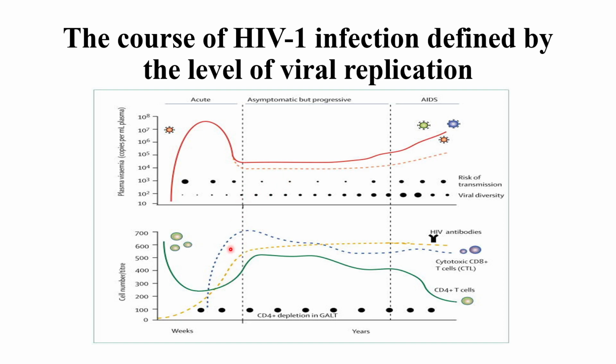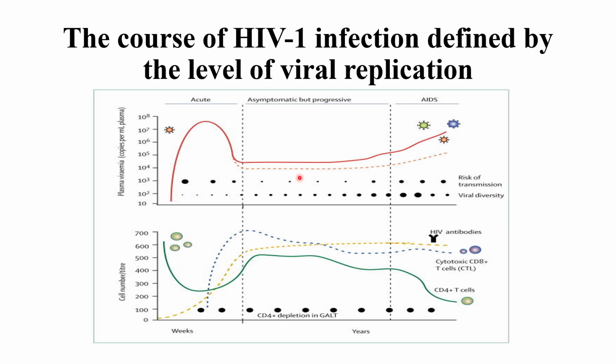We can also see that because the immune system is not responding after this point of time, slowly the cytotoxic CD8 plus T cells also start to reduce because the immune system stops giving the signal that HIV is a harmful thing to the body.